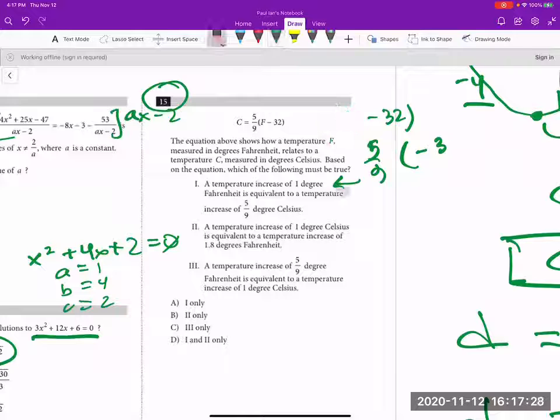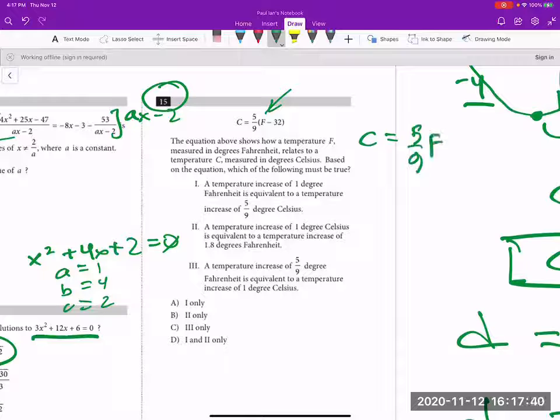Okay. So sometimes when you see something like this, you would just look at this as a slope, right? This is kind of like a slope. 5/9 F minus 5/9 times 32. So what is the definition of a slope?